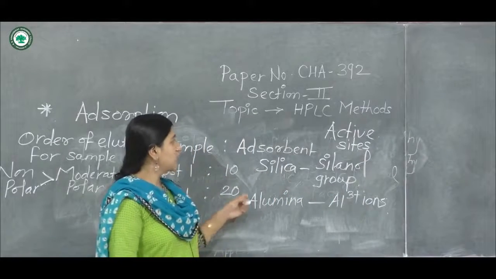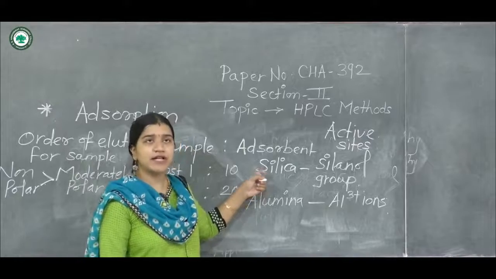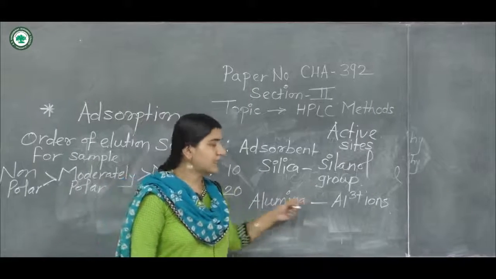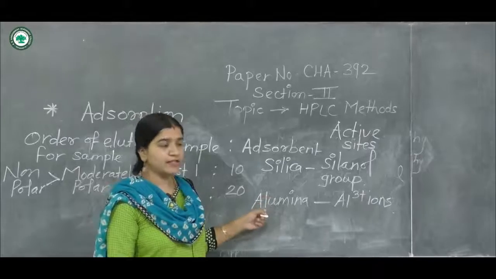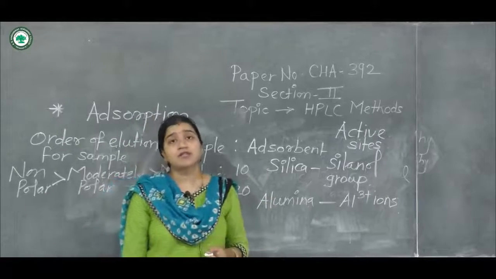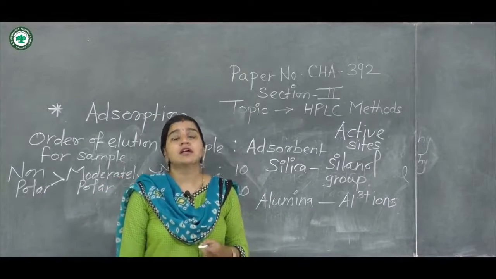So the silanol group is the active site in silica, while the Al3+ ion is the active site in alumina.